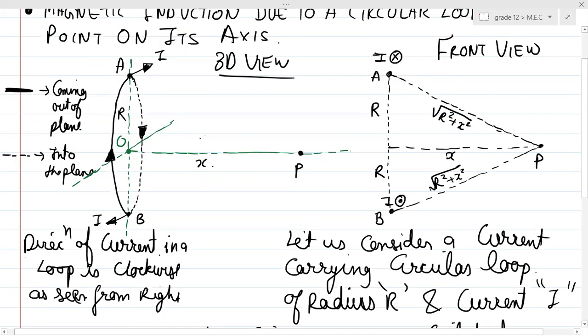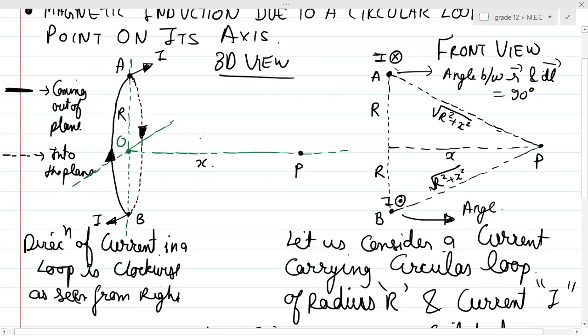And can you tell me what is the angle between the position vector and the current over here? Can you see the current is going into the plane? The current is perpendicular to the plane and AP is in the plane. So basically the angle between the R vector and the dL vector will be 90 degrees here as well as here.